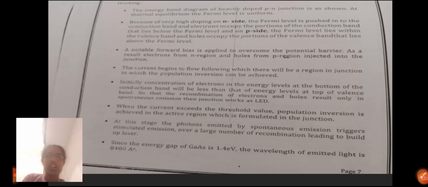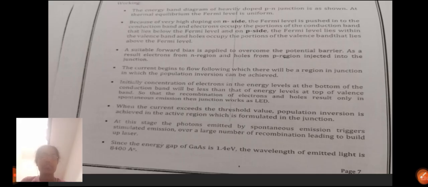Initially, the concentration of electrons in the energy levels at the bottom of the conduction band is less than in the energy levels at the top of the valence band, so the recombination of electrons and holes results only in spontaneous emission. The junction works as an LED.